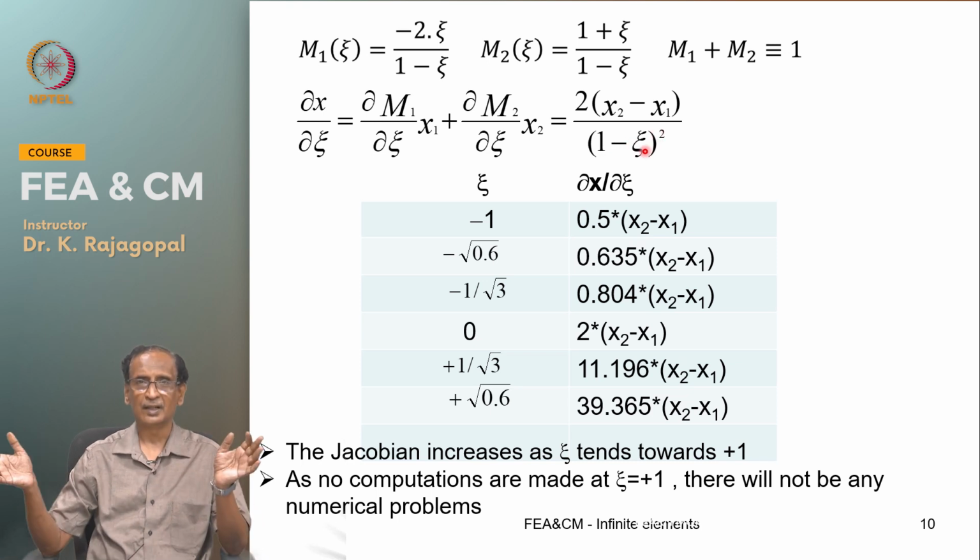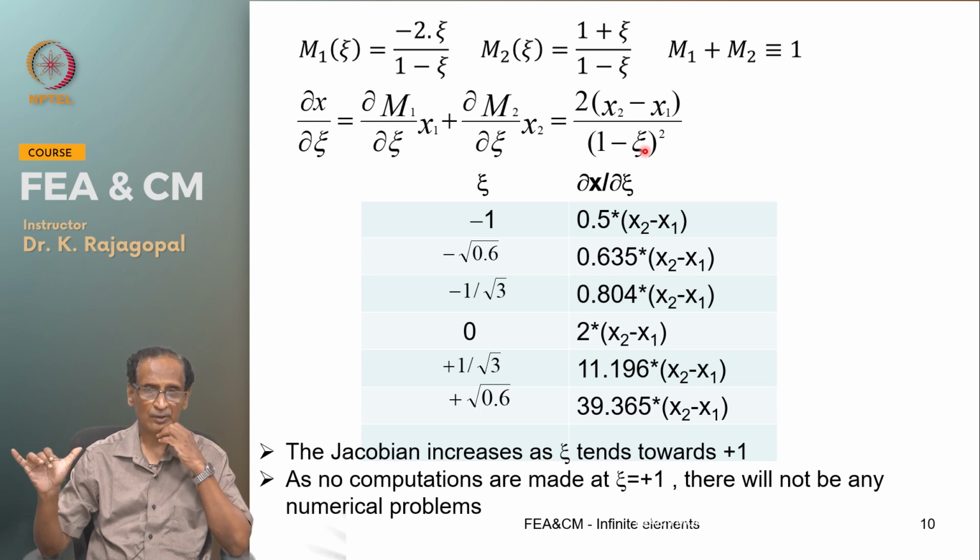For a finite element we have seen that dou x by dou xi is equal to half the length. For a bar element of some length L, dou x by dou xi is simply L by 2.